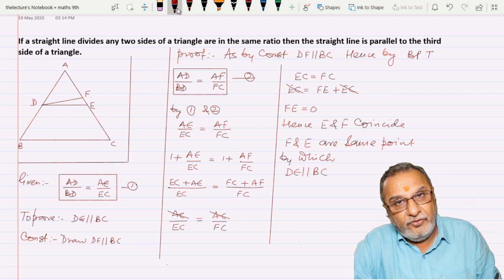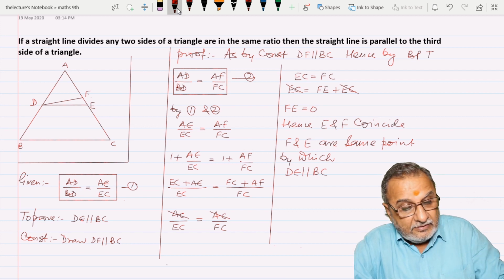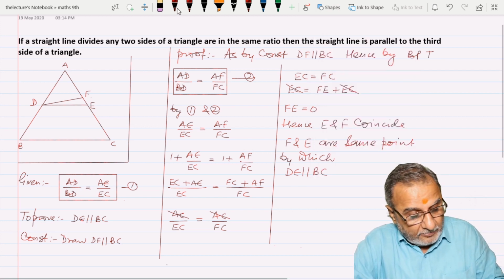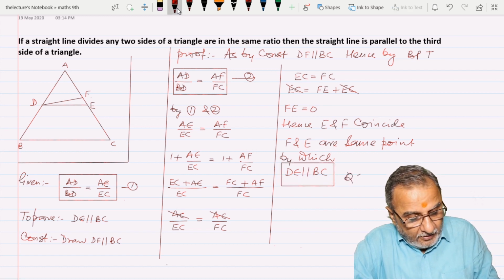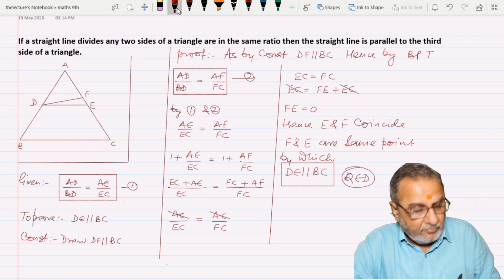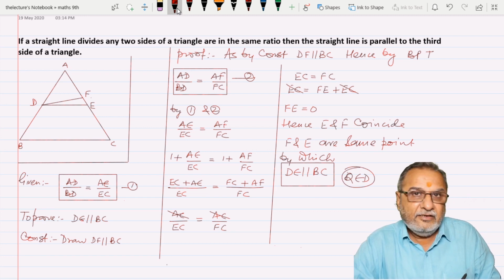This was to be proven, hence we have proven the theorem, that is DE is parallel to BC. Thank you.